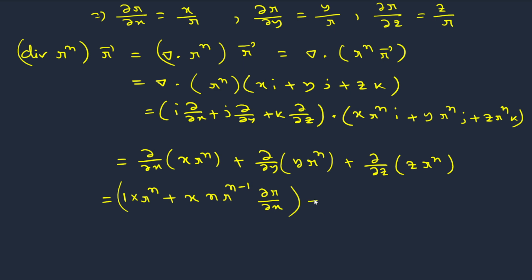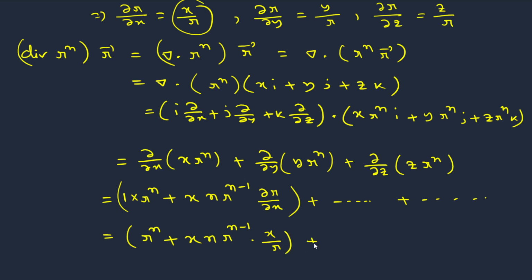Similarly you write for y and then for z, a similar type of term we will get. So r to the power n plus x n r to the power n minus 1, and this del r by del x. Del r by del x is how much? It is x by r. So the other two terms, kindly fill up.